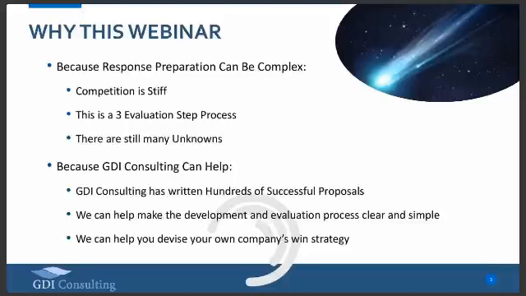And then there are also many unknowns. If you are new to the process, or you're familiar with a different process, or new to this agency, GSA, there are many different things that you want to get familiar with, and getting an early look is the better way to get yourself prepared.